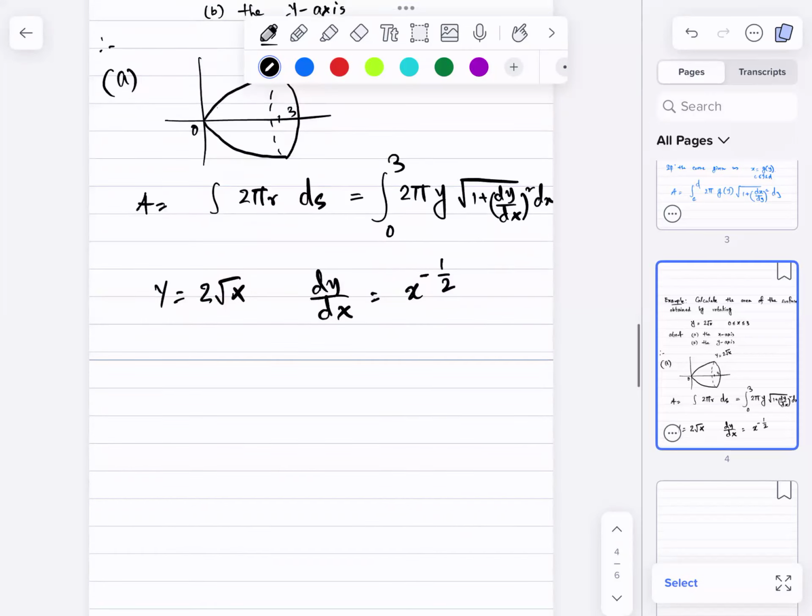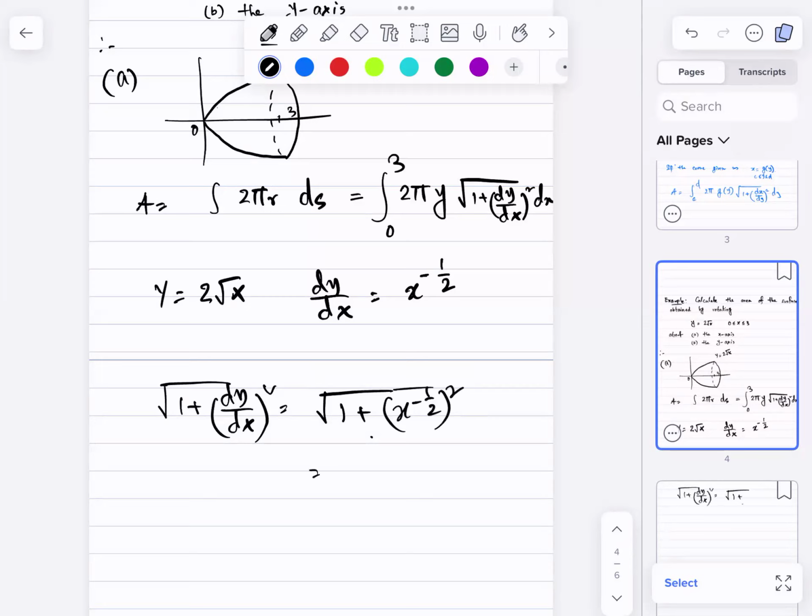Then the square root of 1 plus (dy/dx) squared will be the square root of 1 plus x to the minus half squared, which is just the square root of 1 plus x to the minus 1.